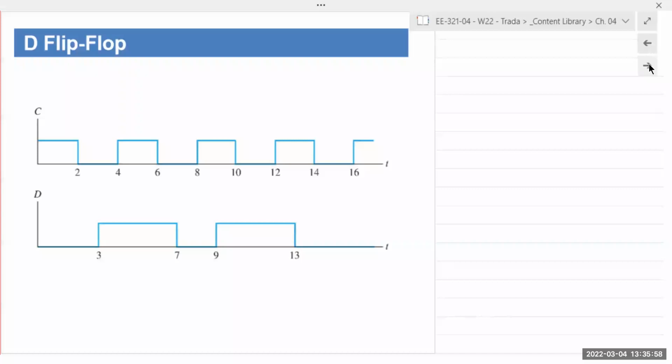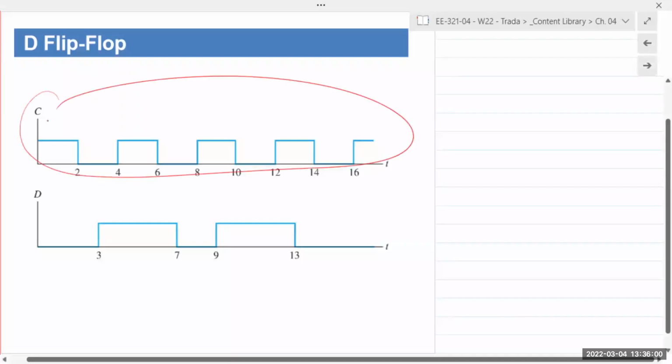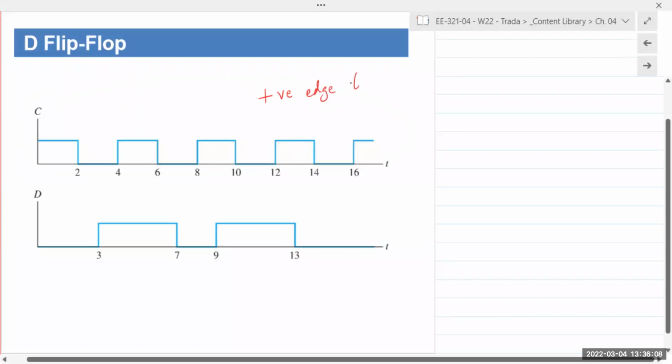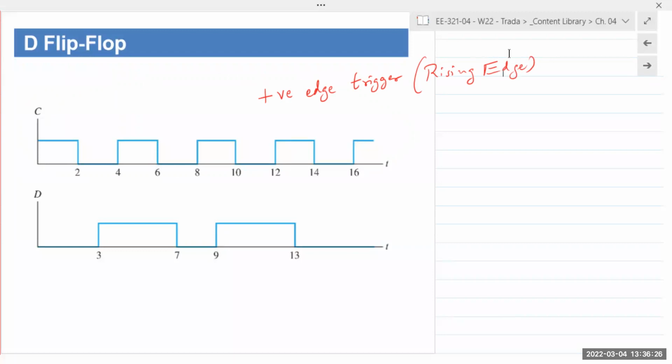You're giving this as the clock input, and this is again referring to the previous diagram. So it is a positive edge trigger, or a rising edge. Okay, so it's not sufficient only to have a level of 1.